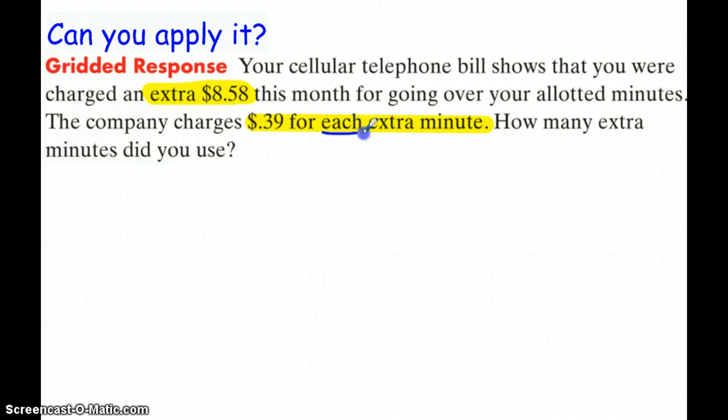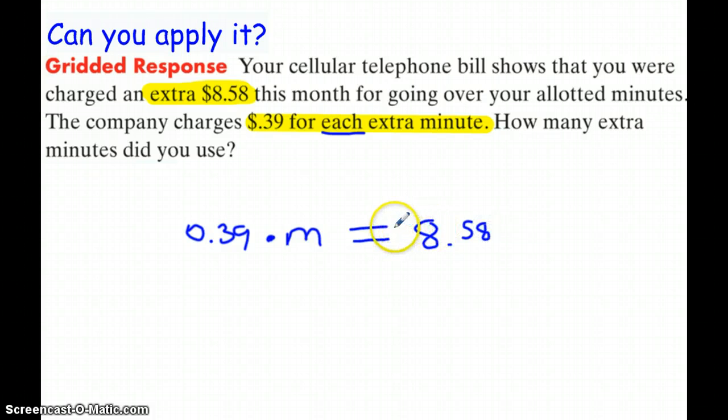So hopefully this word "each" gives you a little bit of a reminder that we're going to do 0.39, and we're going to multiply that by how many minutes we went over. When we multiply that by how many minutes we went over, that is going to be set equal to the $8.58 that we were charged extra. And now we're set up for an equation that we can solve.